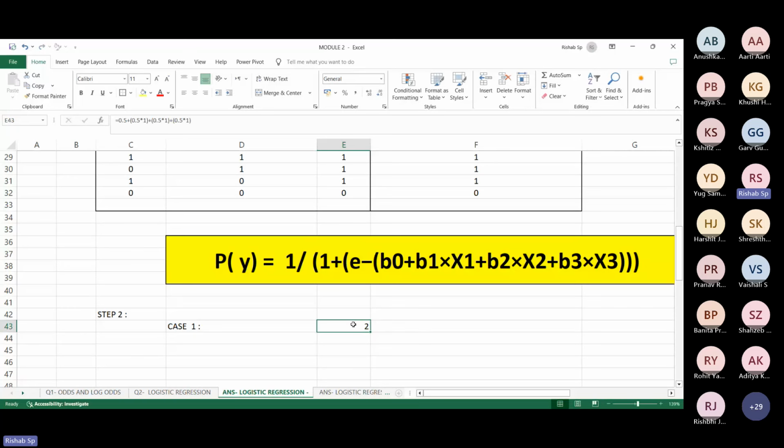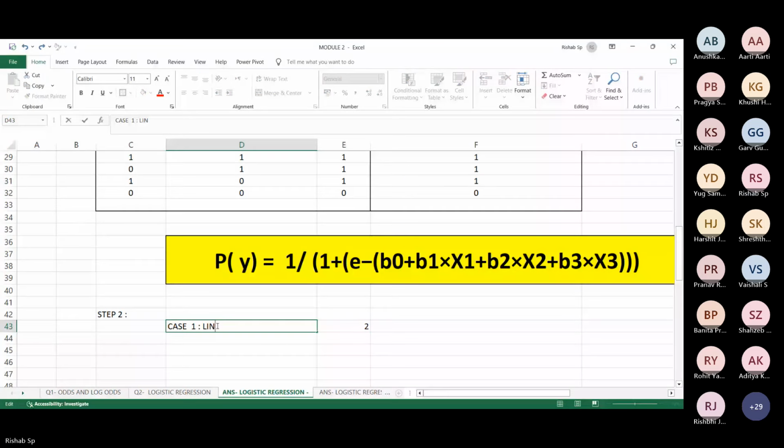We are getting the linear regression value as 2, right? We'll find this for the other cases.